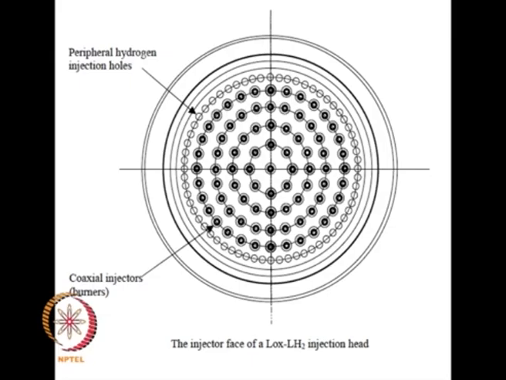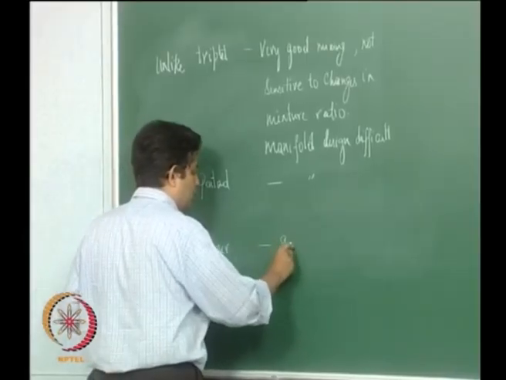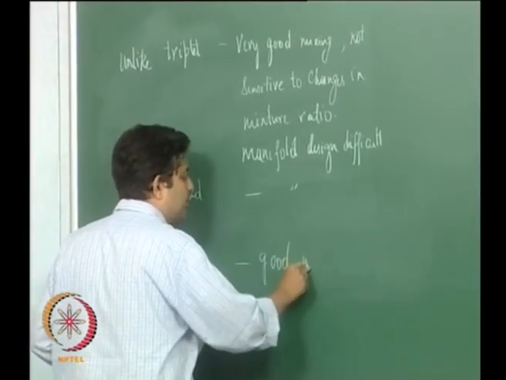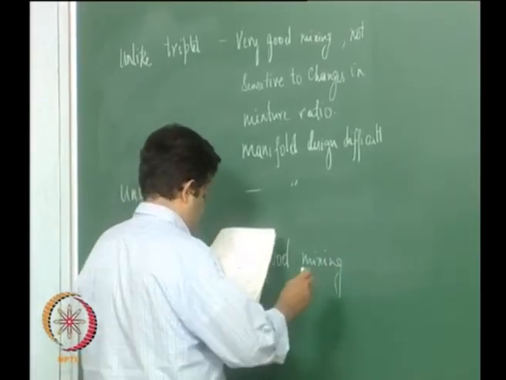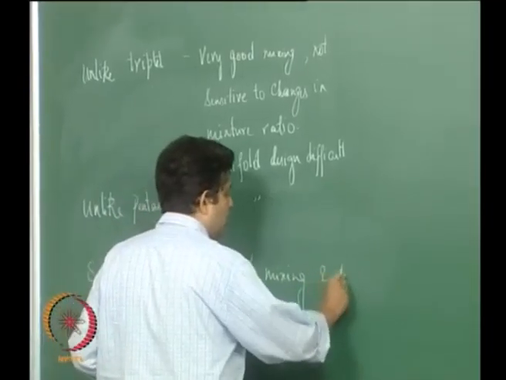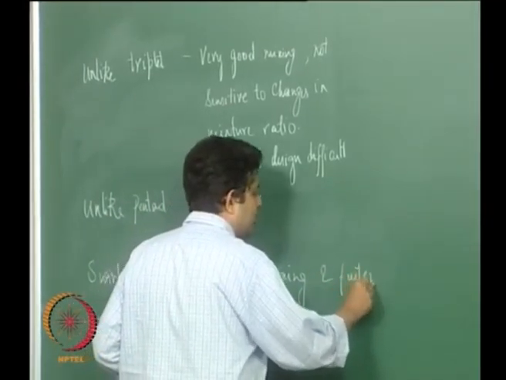All this has coaxial injectors in the center, right. If you look at it, there are a large number of coaxial injectors in the center, but on the periphery you have holes wherein only hydrogen is injected. So, this will have good mixing and faster combustion.